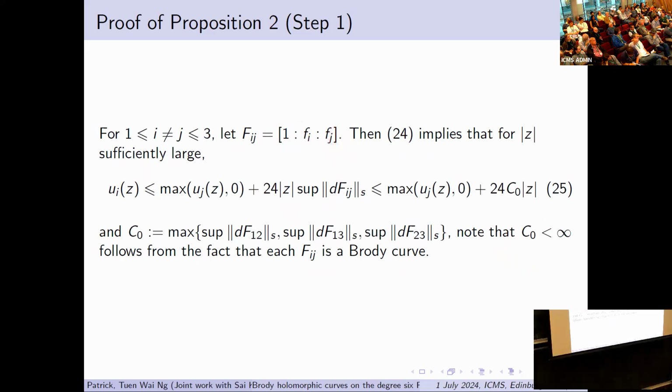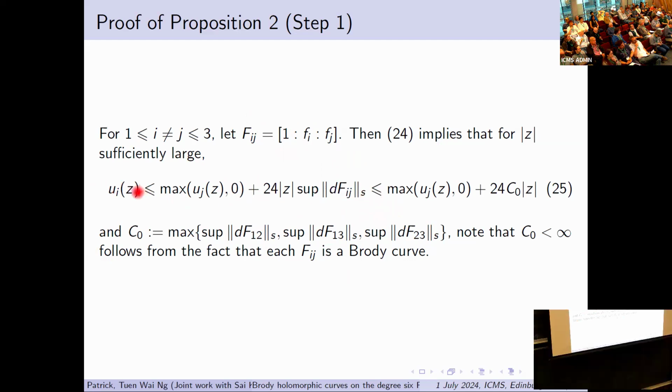And then we apply Eremenko's theorem for this particular case. So you will get this inequality. Why do you have a 0 here? Because you take the log of 1 here, so you get 0. And then you have this supremum of the spherical derivative of F_ij.